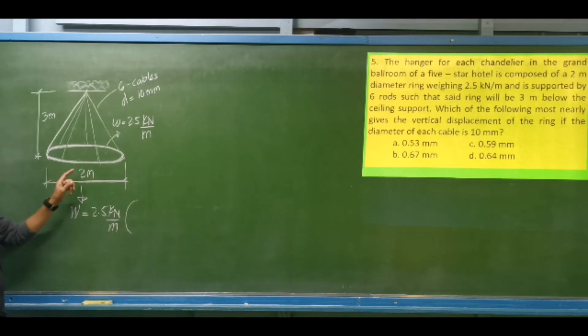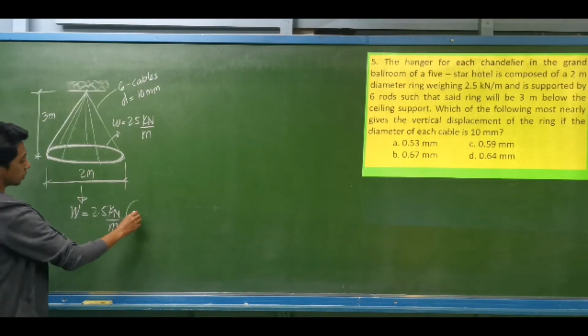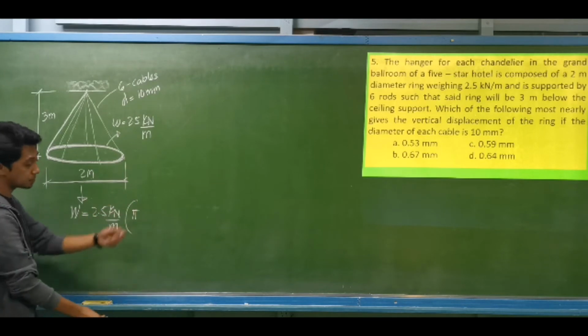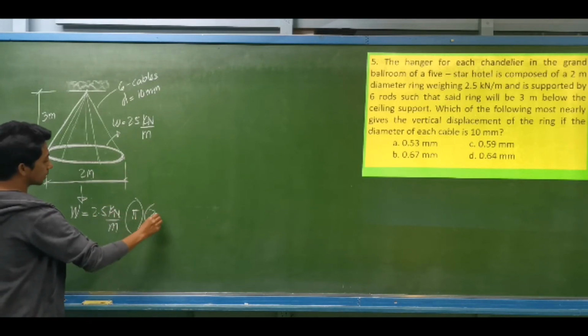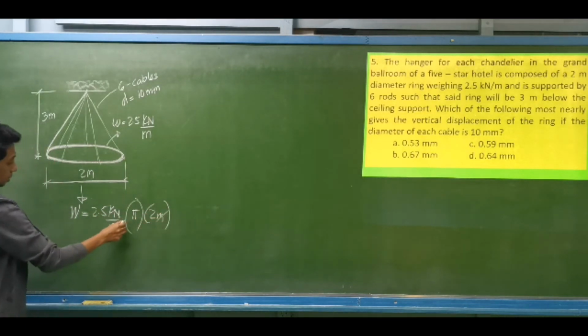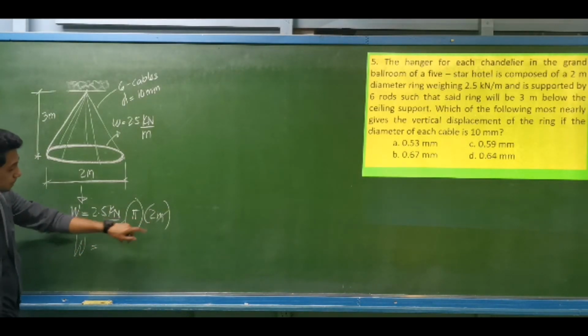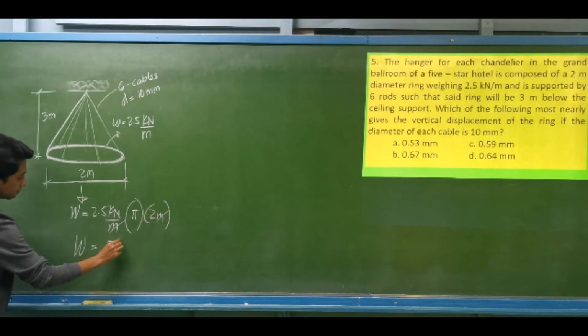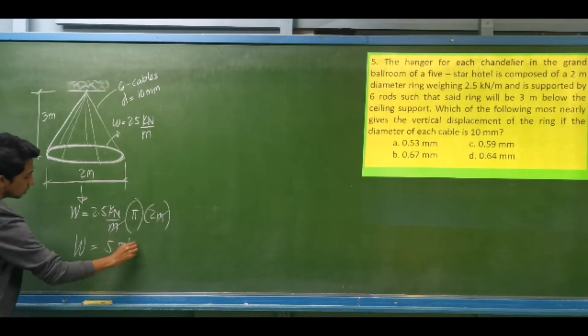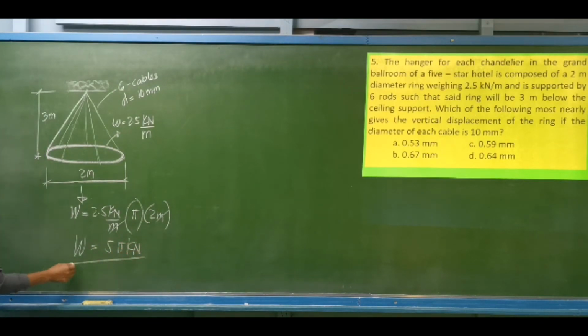So what is the circumference? Having a diameter of 2 meters, that is the same as pi d, pi times 2 meters. So we have the total weight of the ring as 2.5 times pi times 2, or 5 pi kilonewtons. That is the total weight.